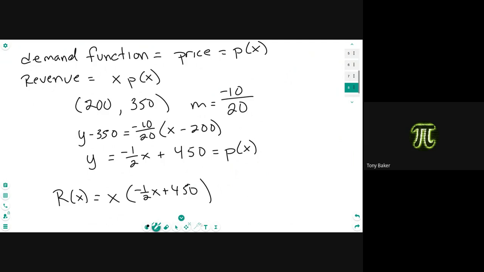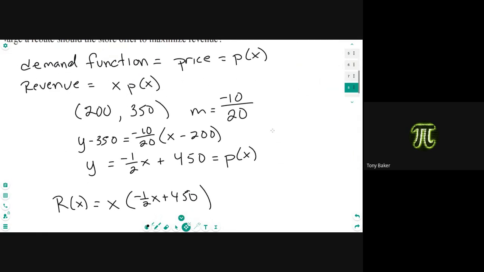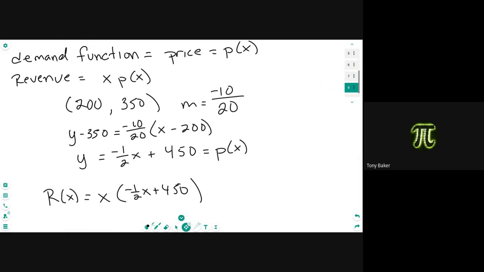Maximizing revenue. And X is the number of TVs sold. So if we look at the domain of this, that would make sense.